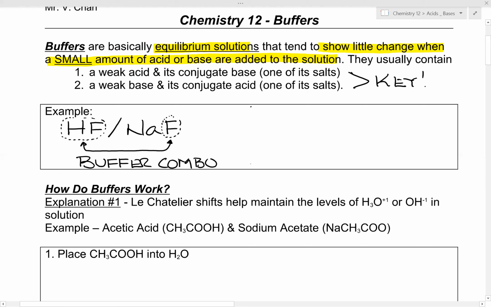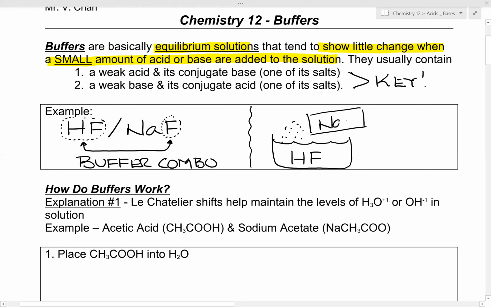So how would it look? You would have something like a big tub of hydrofluoric acid, and what you pour in, the salt, is sodium fluoride. This is how you would form a buffer.